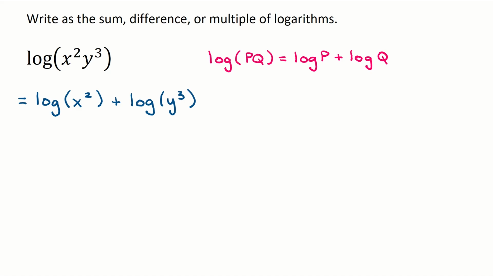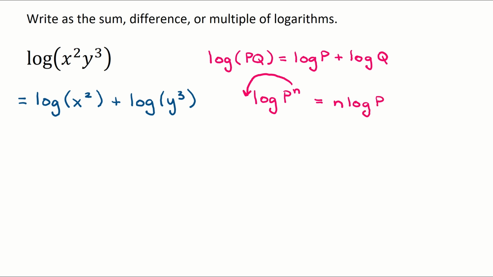In this question, the other thing we can apply is the power rule. And remember, the power rule says that when you have log of a number raised to a power, you can take that power and bring it out in front, turning this into n log p.